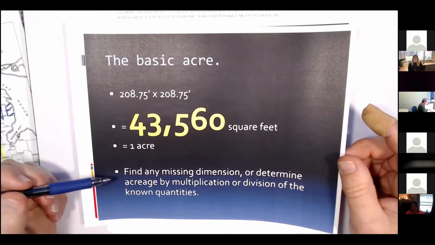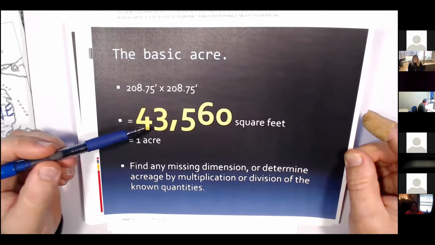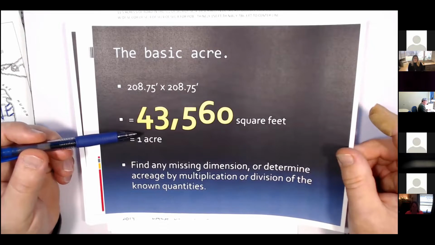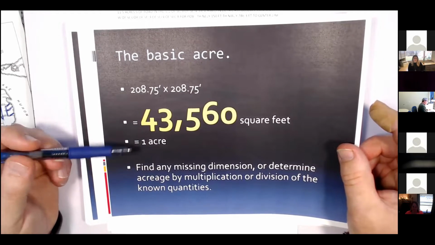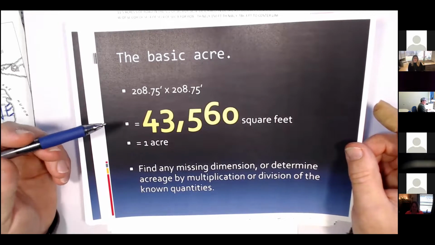So by using known numbers and by using the 43,560 number as your basic standard for an acre, you can always figure out what your missing dimensions are, what your acreage calculation is, things of that nature.